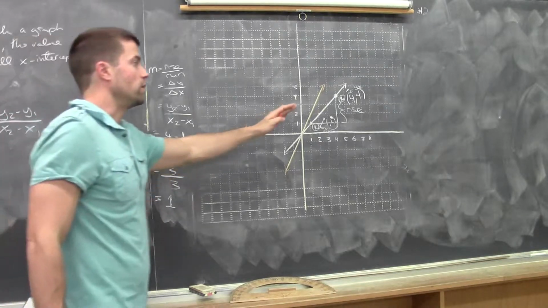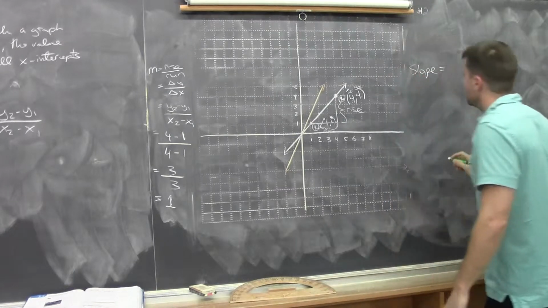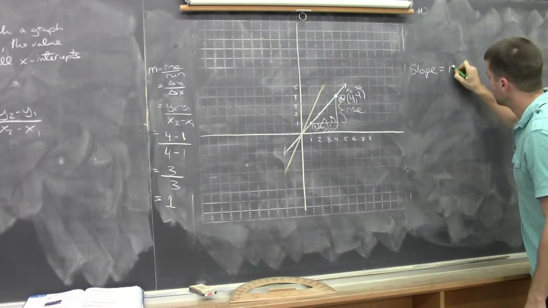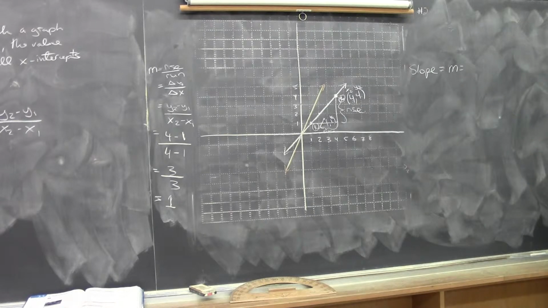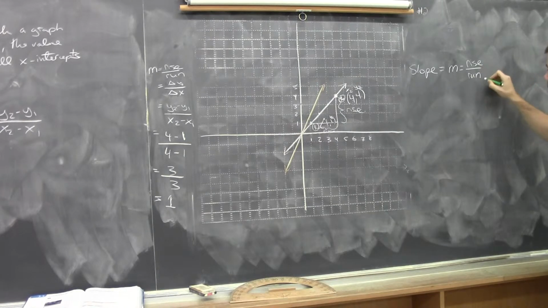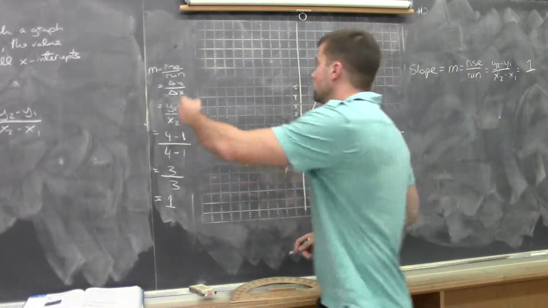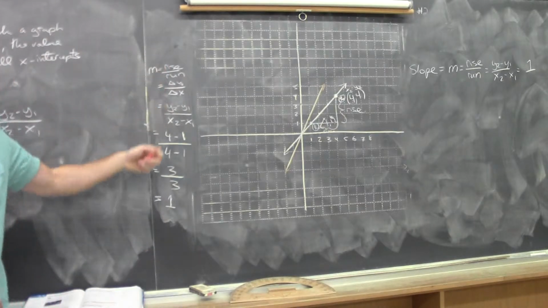So in this graph then, I can say my slope is equal to m, we use that little letter m to represent slope, which is equal to rise over run, which is equal to y2 minus y1 over x2 minus x1, which is equal to 1. Is there no unit of measurement? No. There's no unit of measurement for slope, because whatever it was would be canceled out, right? Okay.